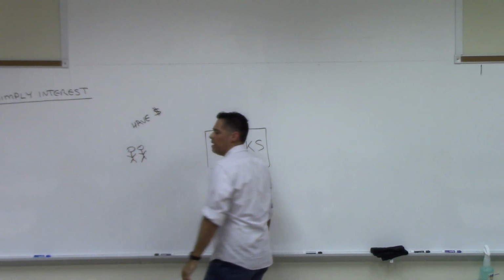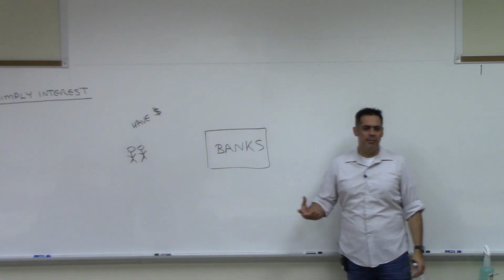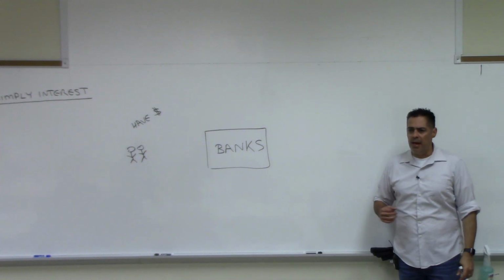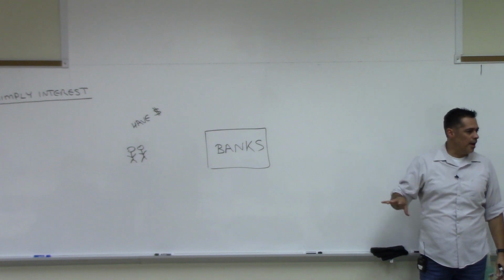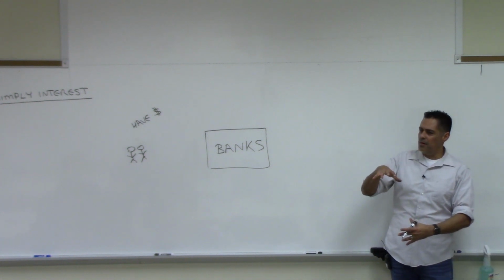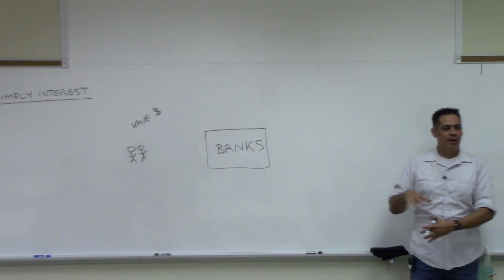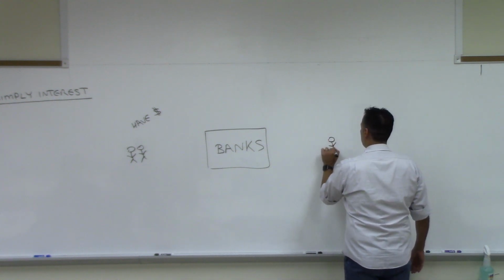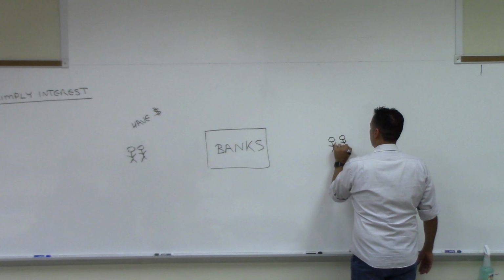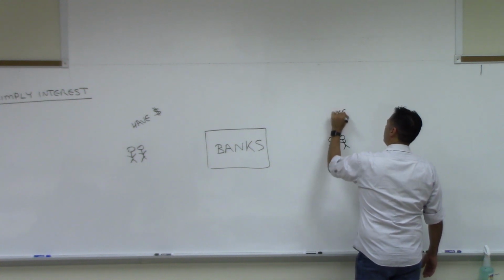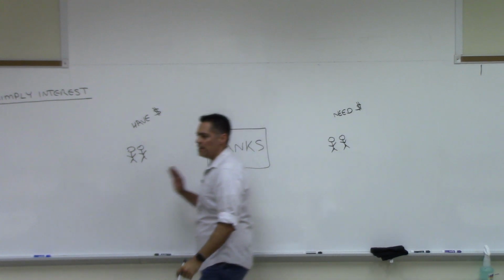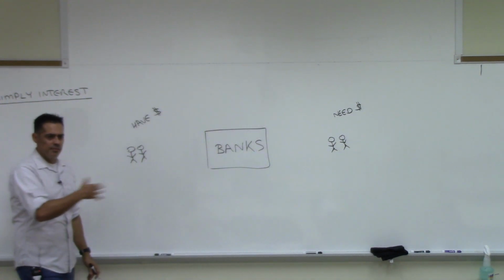And when I say have money, I mean they have income, they've got enough money to put some money in the bank, right? Save some money, they can put money away. They always have a positive balance in their checking account, savings account, right? So you got people who have money over here. And you got people over here, right, who need money, right? And the bank is like the intermediate person between these two.